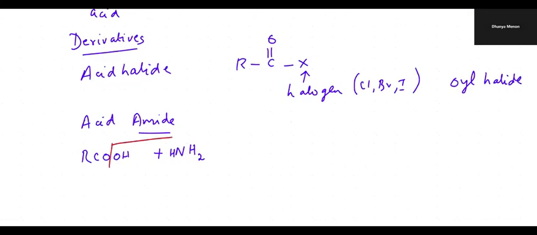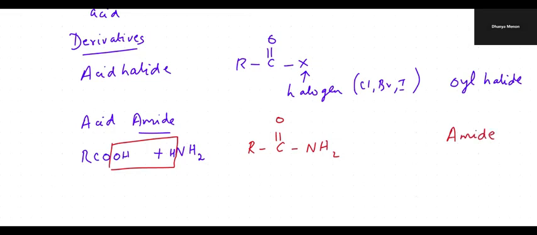The water molecule is getting removed, and what is left is RCO, and NH2 is left over here. What is this? This is acid amide formed by the reaction of acid and ammonia, RCONH2. This formation is not important now. Just these names are important. Formation anyway you will be learning. And the suffix we use is amide.